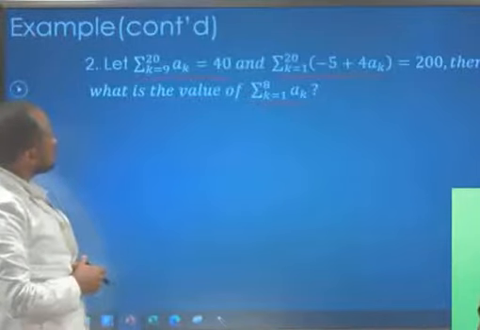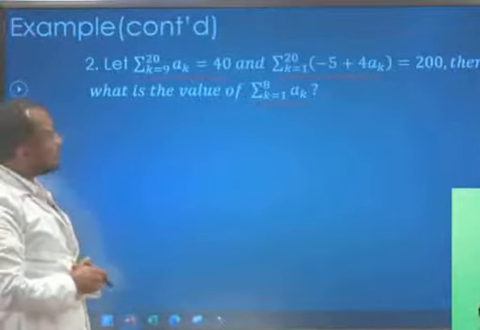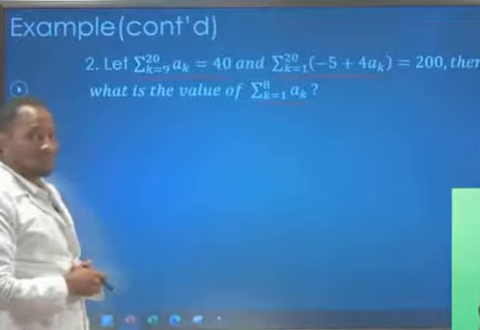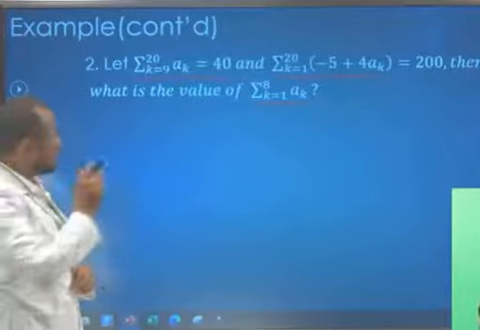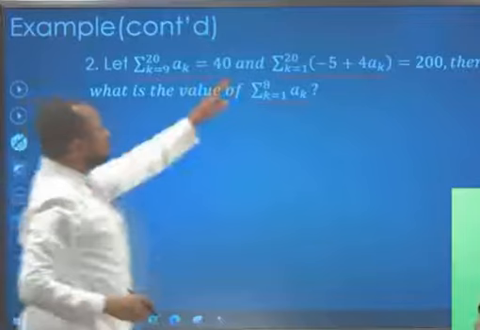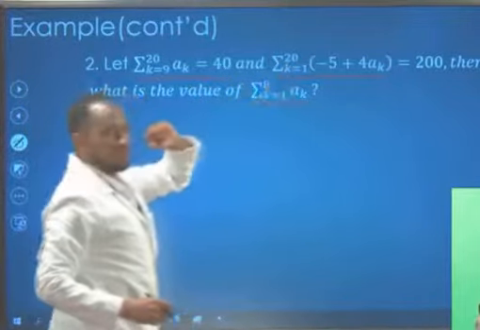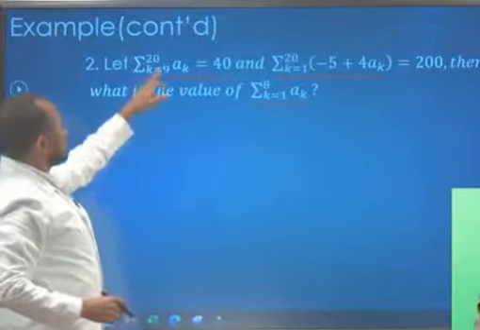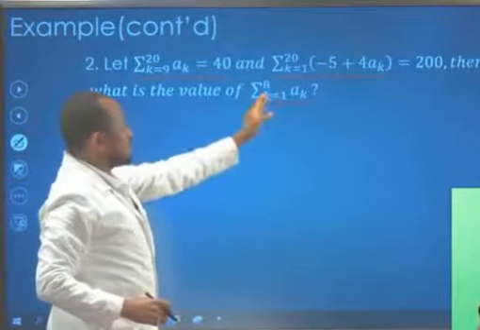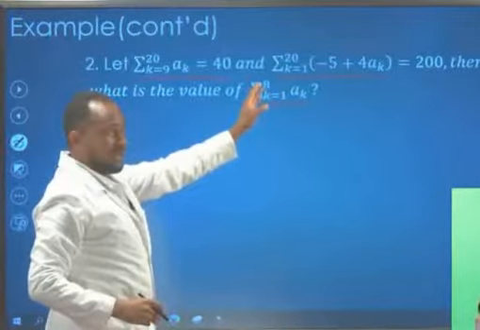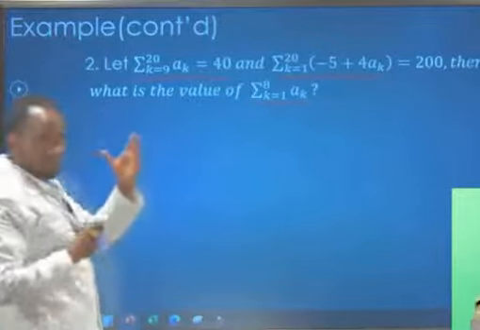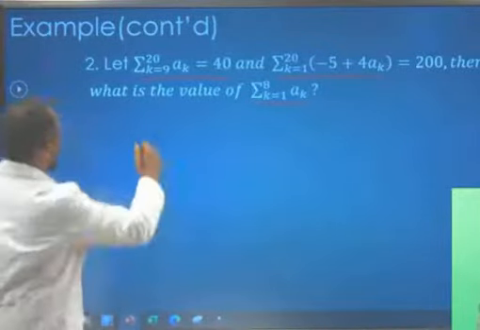So to solve this, we need the property of summation notation. Look, to solve this problem, we have the summation from k = 9 up to 20, and we are asked to find the summation of a_k from 1 up to 8. So the property I must use is in this form.